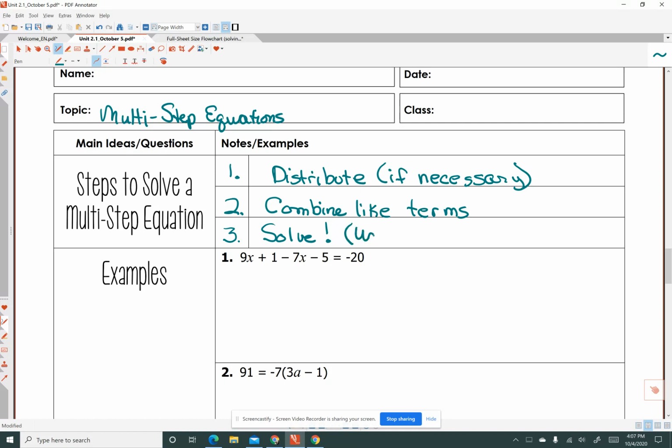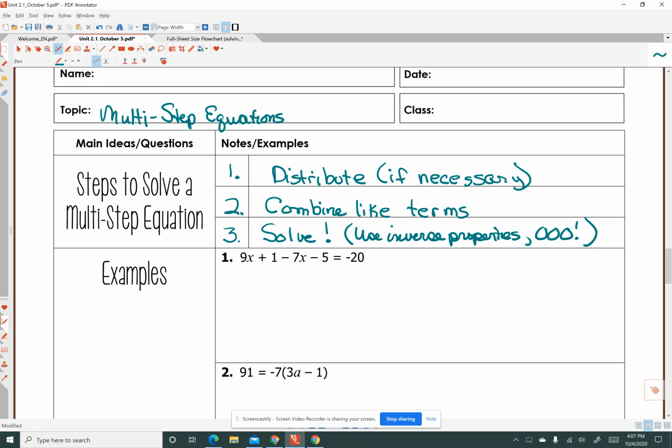Let's write that down. So we're going to use those inverse properties. And we want to use order of operations. Okay, let's start our first problem.